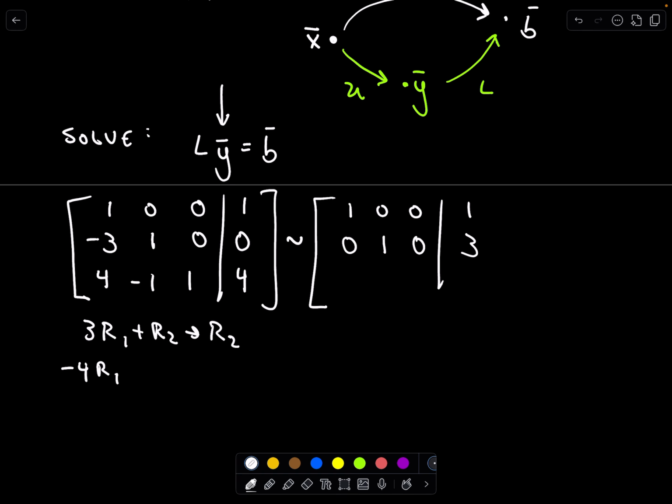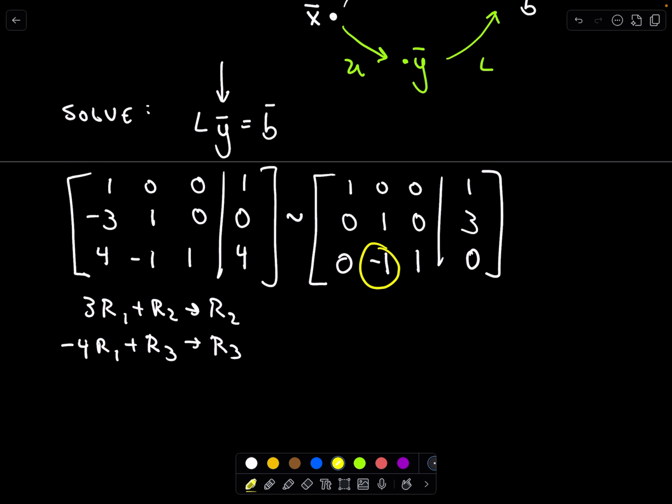Likewise, I can take -4 times row 1 and add to row 3 to get my new row 3. Well, -4 plus 4 would be 0. 0 minus 1 is still -1. 0 plus 1 is 1. And then I would have -4 plus 4, that's going to give me 0. Okay, so far so good.